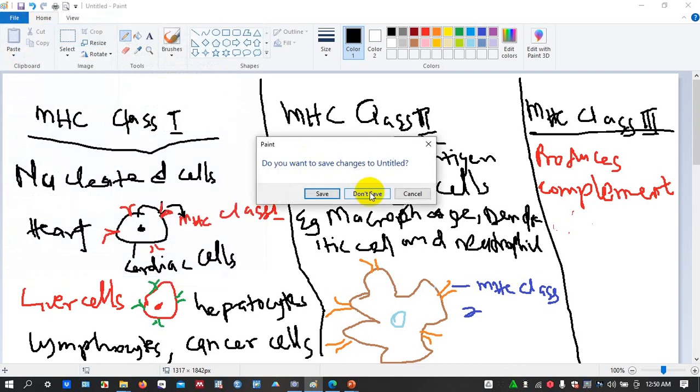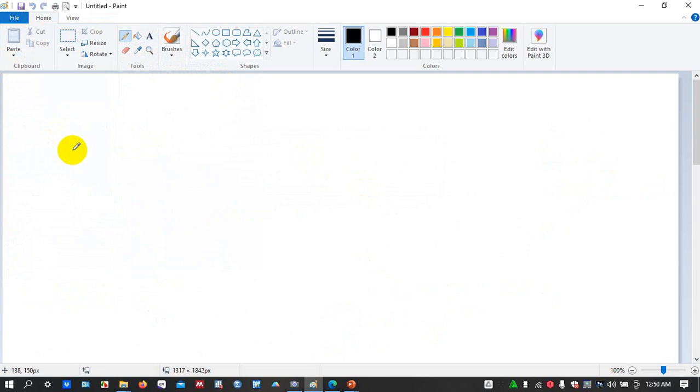Class 1 will present antigens. This one has the class 1 MHC, it has a receptor.